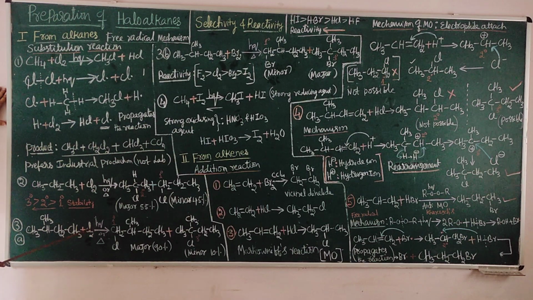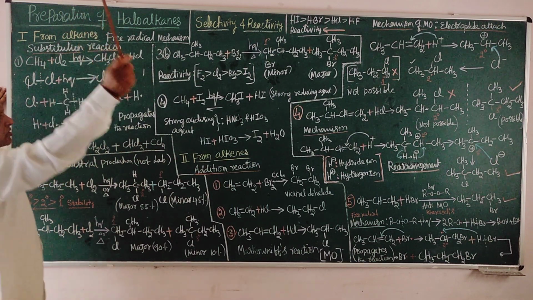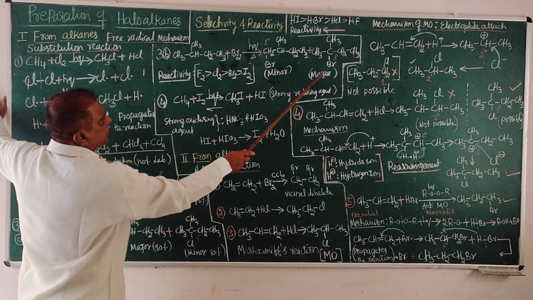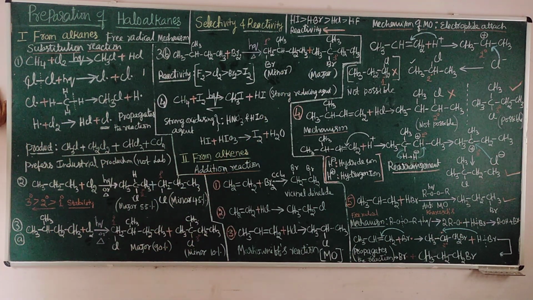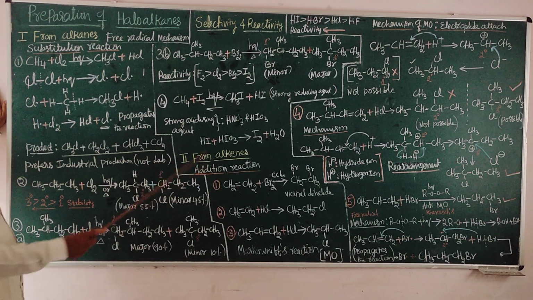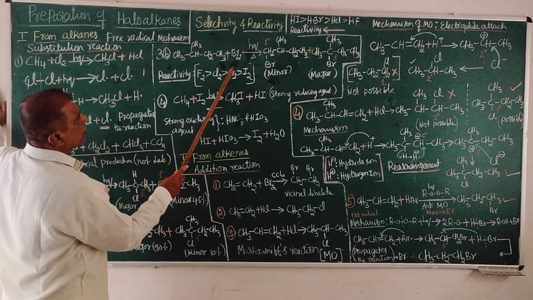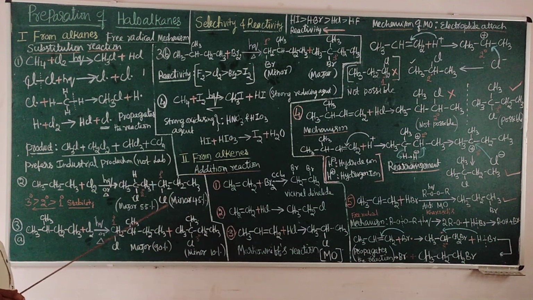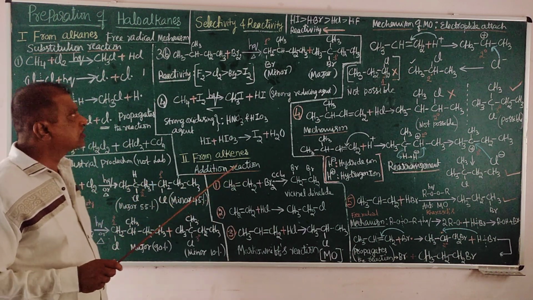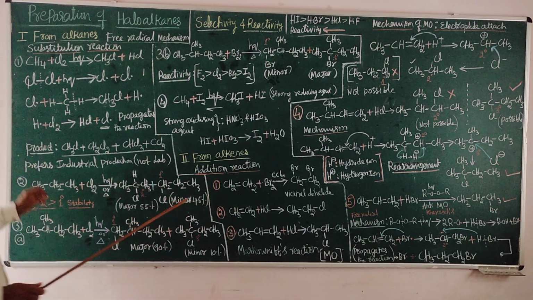But the same reaction with bromine is entirely reversed. This becomes a minor, this becomes a major. This is actual. That is because of this stability. What is the reason? Bromine is less reactive. Where the other reactant is moderately reactive or less reactive, if that is the case, then we see the reaction proceeds as expected.